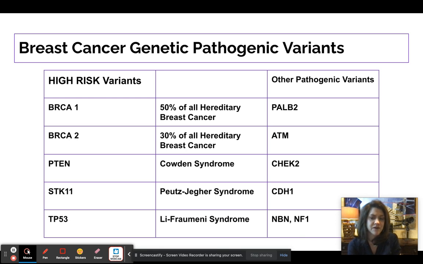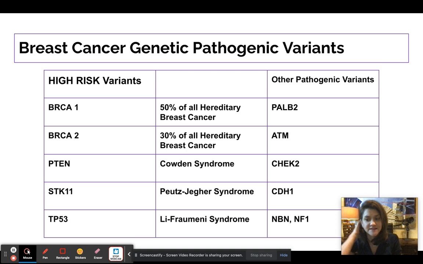And there are also some other syndromes, Cowden syndrome, Peutz-Jeghers, Li-Fraumeni, which all three of those have multiple cancers. Another high-risk variant is PALB2, and this is a 50% lifetime risk of breast cancer, which is quite high. The lower penetrance genes, ATM, CHEK2, CDH1, NBN, and NF1, are in about the 20% range.